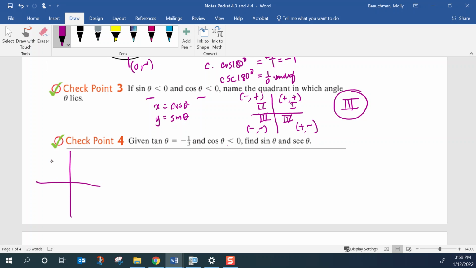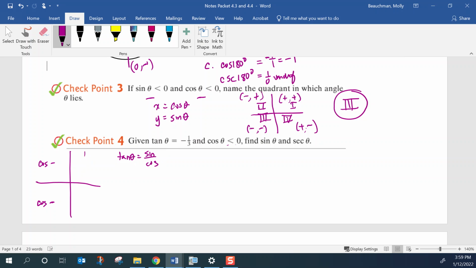Cosine is the x value, so cosine is negative in the second quadrant, and in the third quadrant. We also know now that the tangent is negative. Remember that tangent is equal to sine divided by the cosine. So in order for the tangent to be negative, the sine and the cosine have to have opposite signs.